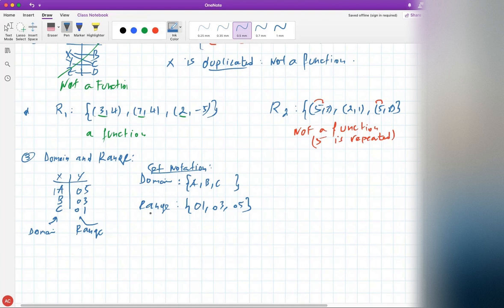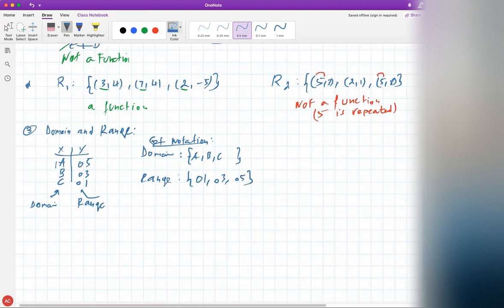Domain and range, the first elements of each group. And if something is repeated, we don't write it twice. For example, if a number or a value is repeated, we don't write it twice here. We only write the values once, even if they're repeated here or here. Let me show an example. Let's take that example here.